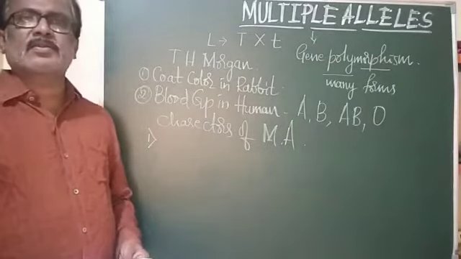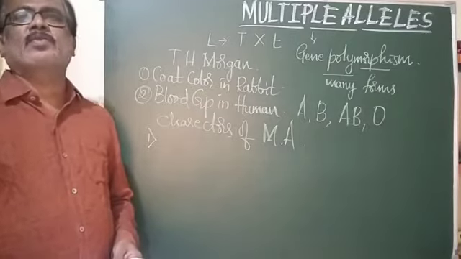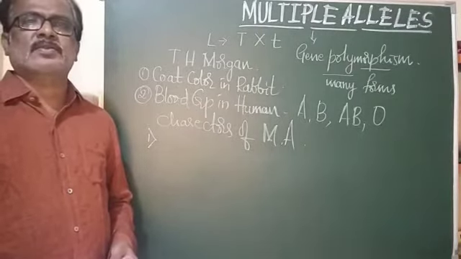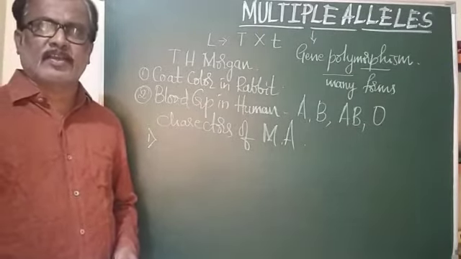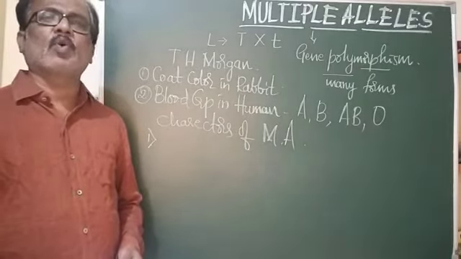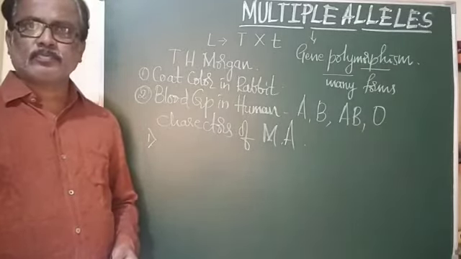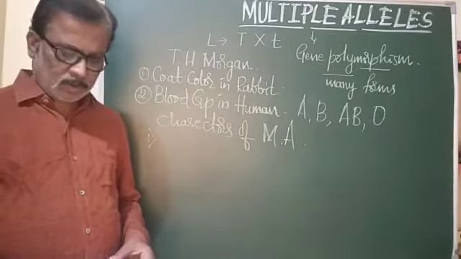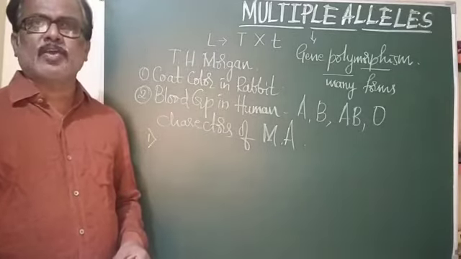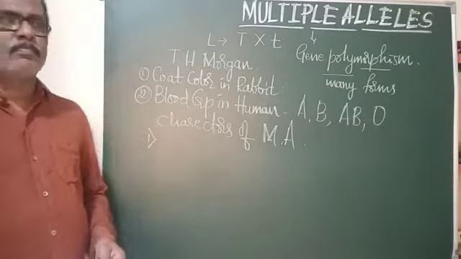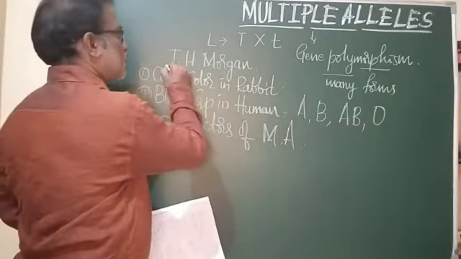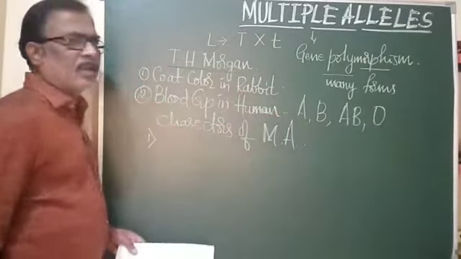So next, a very good example that we are going to discuss in detailed study is the ABO blood groups in human beings. The multiple alleles concept was first introduced by T.H. Morgan.